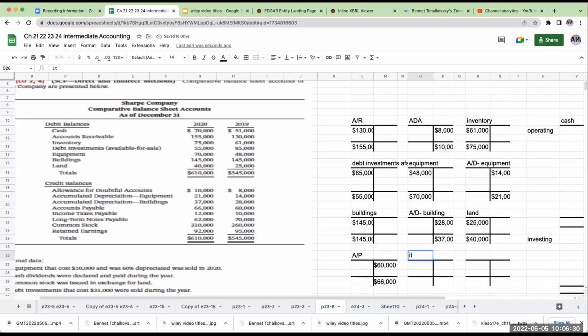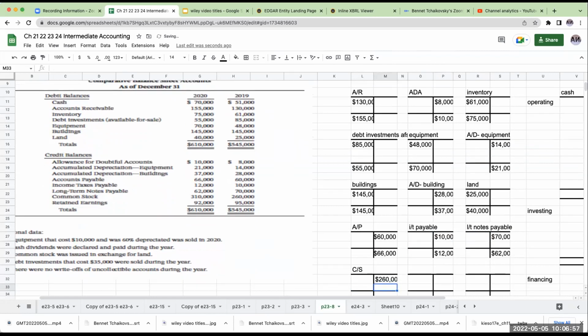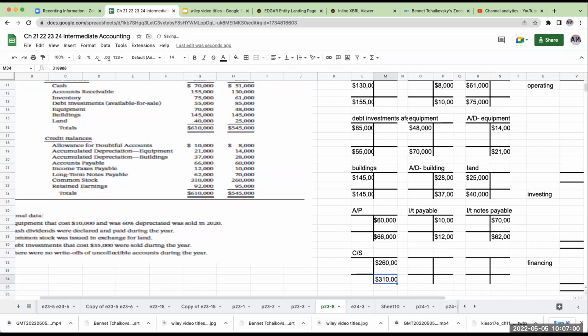Income taxes payable: opening was 10, ending was 12. Long-term notes payable: opening was 70, ending was 62. Common stock: opening was 260, ending was 310. Retained earnings: opening was 95, ending was 92.